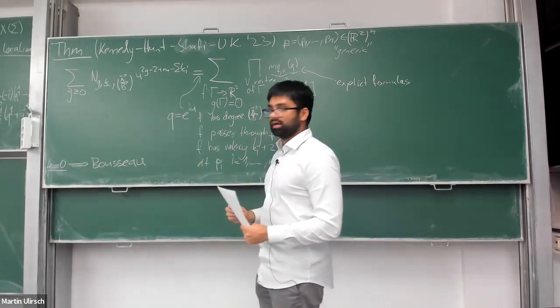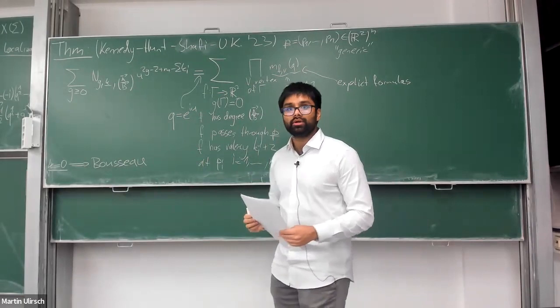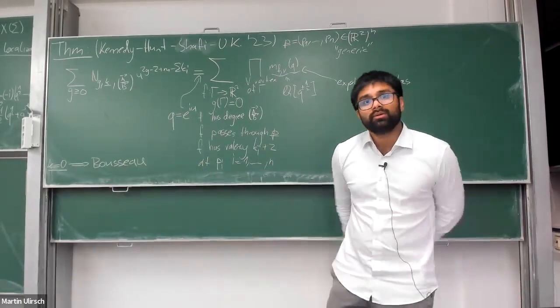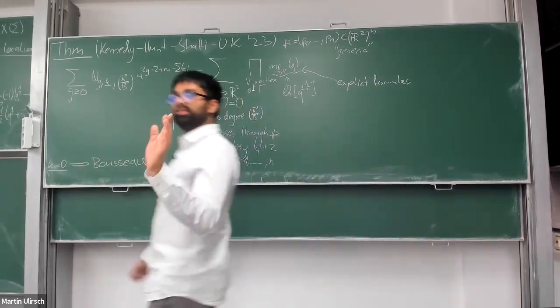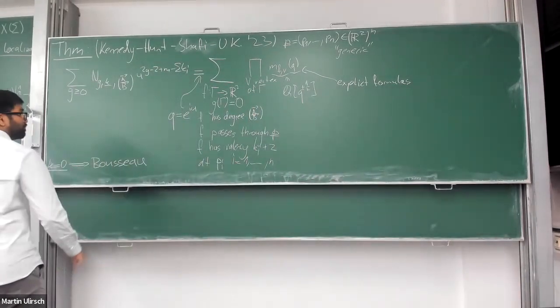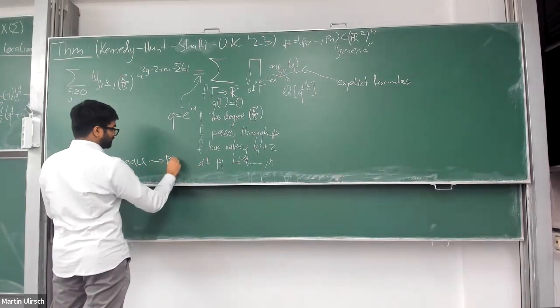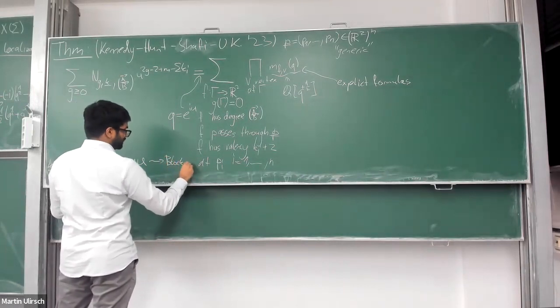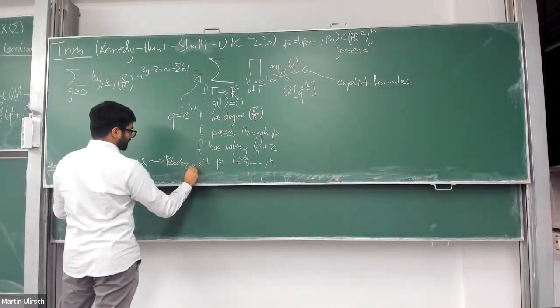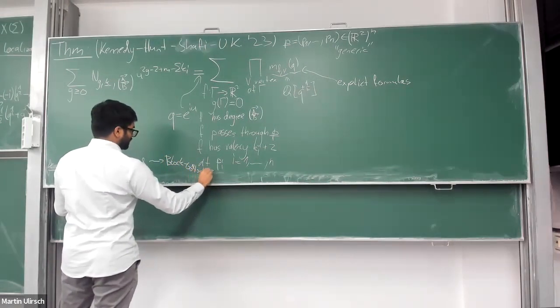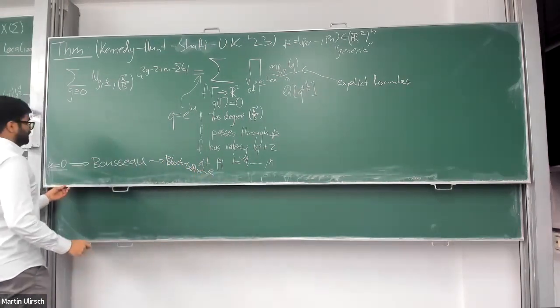But did Block and Göttsche have the psi class contribution? No, that's exactly the thing. Block-Göttsche did not have it. So Bousseau explains the Block-Göttsche multiplicity and connects it to Gromov-Witten theory, and then our theorem.